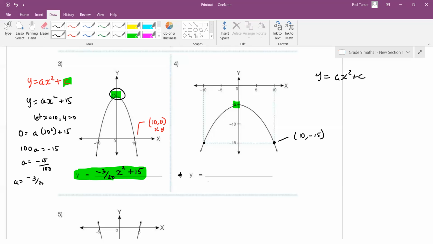We could have called that C value K as well. Okay, we got one answer.